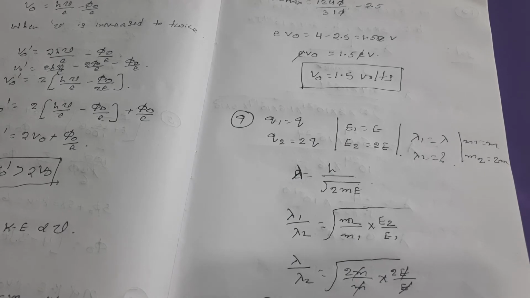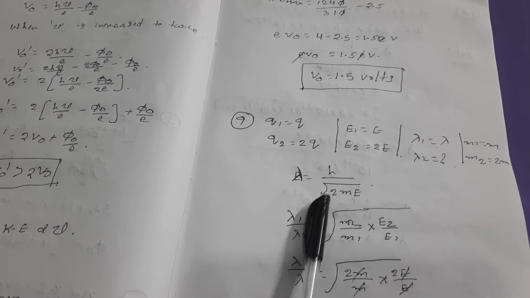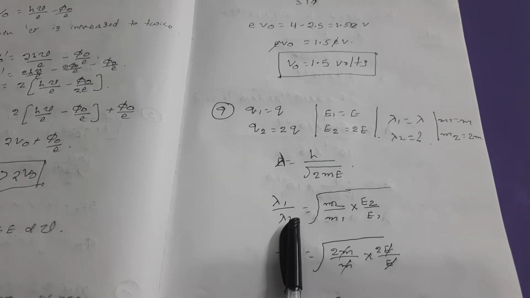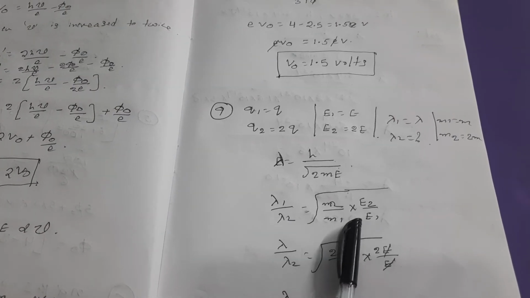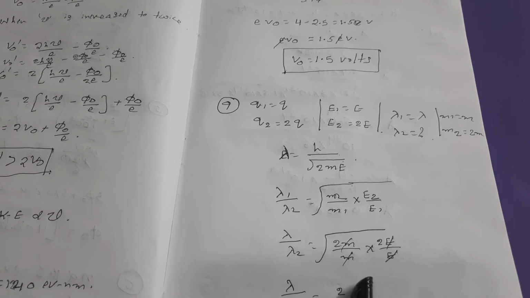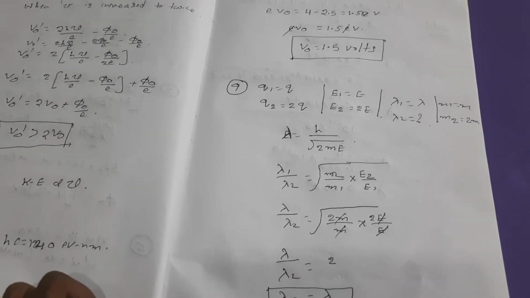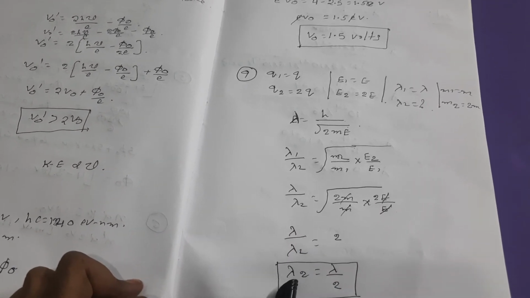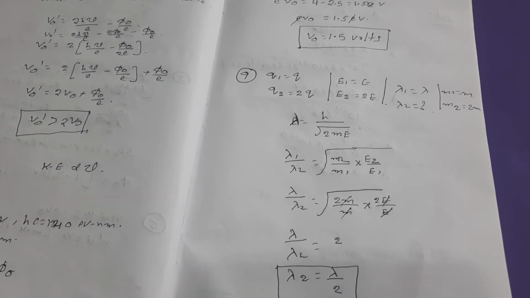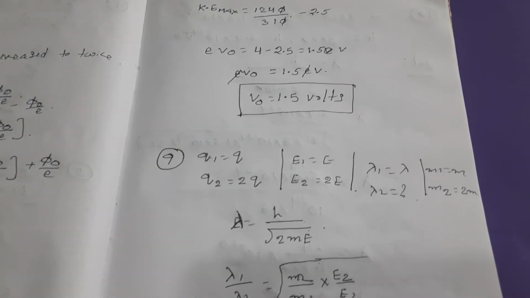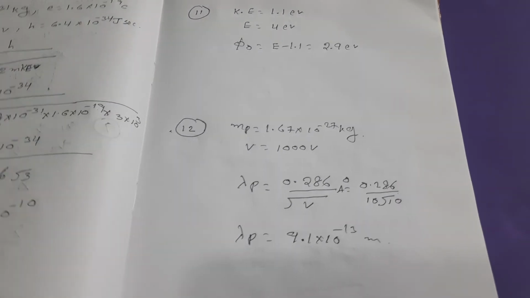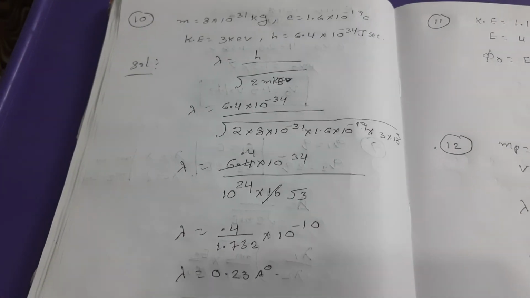The de Broglie wavelength, simply we can go through that. Lambda equals h by under root 2mE. So lambda 1 by lambda 2 equals under root m2 by m1 into E2 by E1. So 2 times m, 2 times energy. After simplification, lambda by lambda 2 equals 2, lambda 2 equals lambda by 2, half of the initial wavelength.